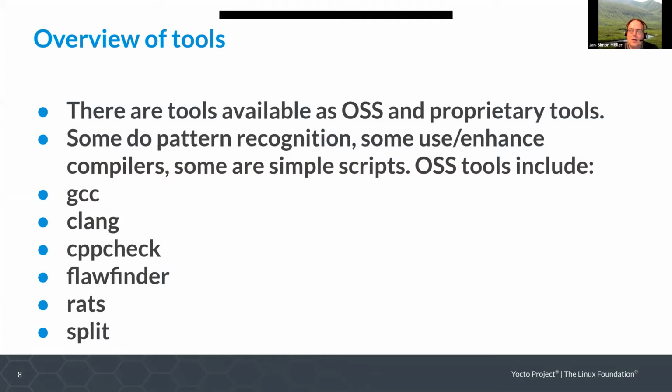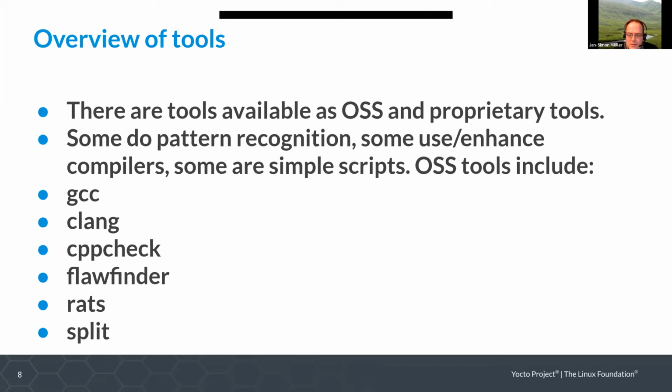Some are using the compiler because, I mean, the compiler does already analyze your source code, right, to compile it. So it is a kind of logic place where this operation can just be attached. And some are simple scripts to check for kind of the usual suspects.